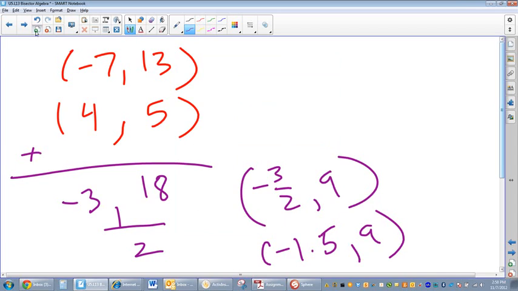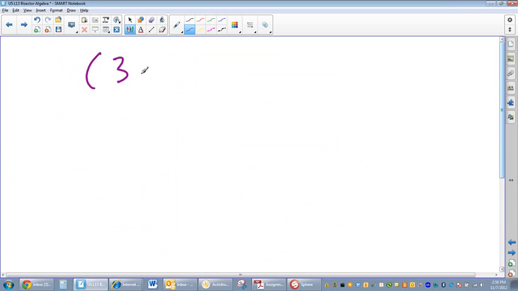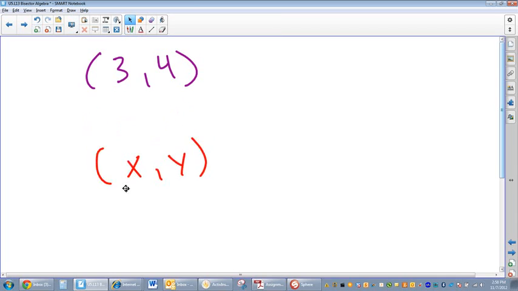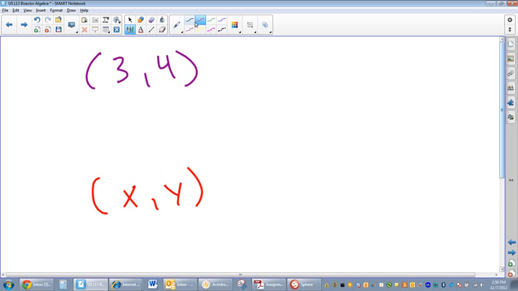All right. Let's say I gave you 3 comma 4, x comma y, and then I tell you that the midpoint is at 7 comma 13. So this is the midpoint.